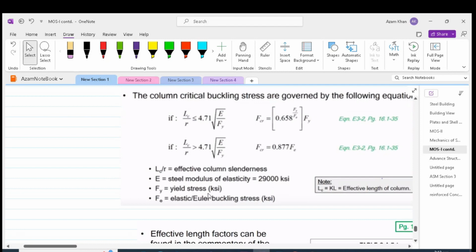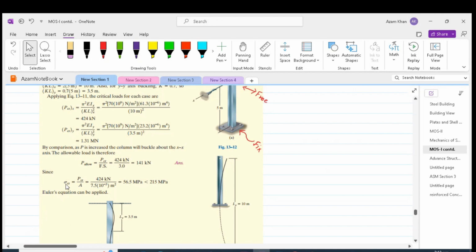Similarly, if the slenderness ratio is greater than this value, then Fcr is equal to 0.877 Fe. Fe is the elastic Euler buckling stress. So Fe is actually equal to P critical by A.